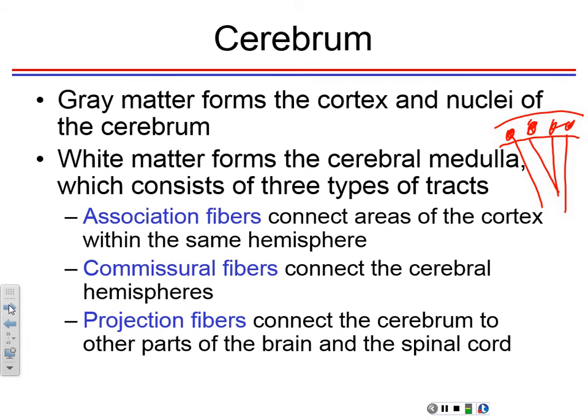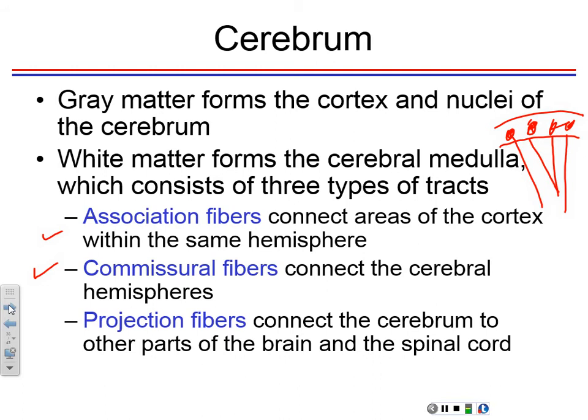Okay, so association fibers connect parts in the same hemisphere, like the right side or the left side. They connect different parts on the same side of the brain. Commissural fibers, all the time, connect the left and right hemispheres.